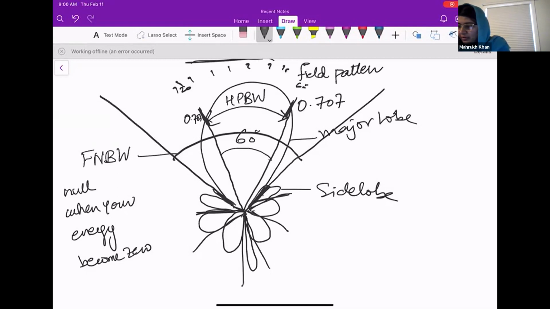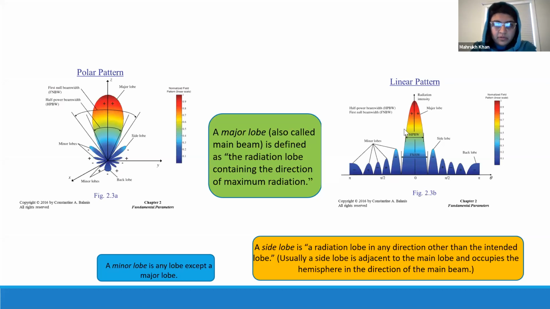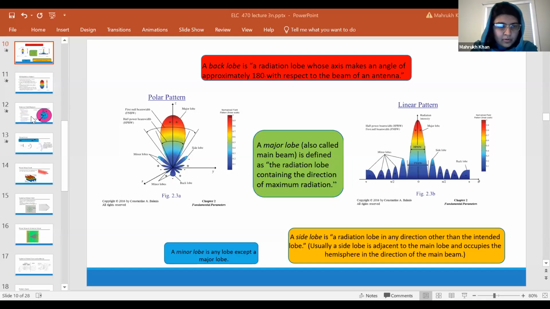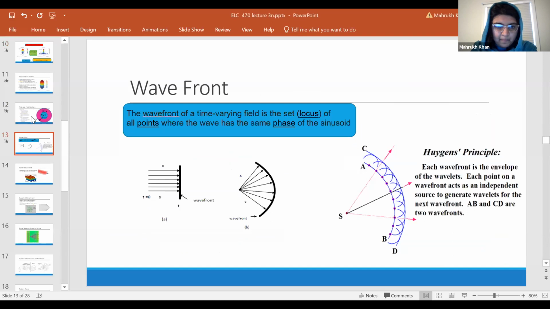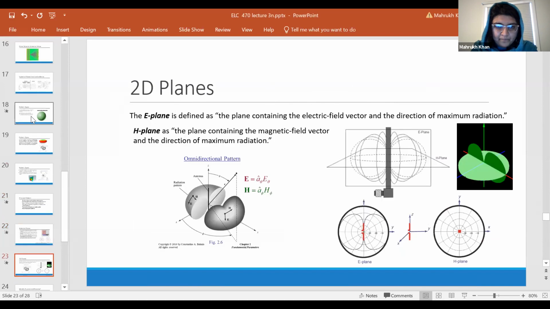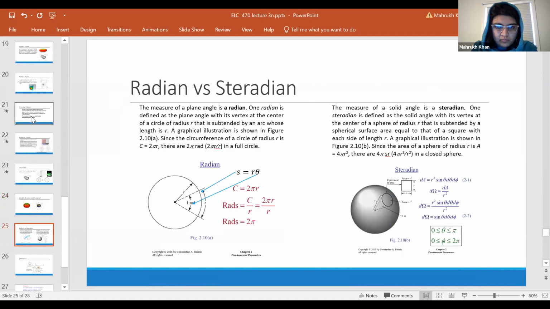Okay. If I go back, there was one more confusion we had last time about dBs. There was some point of dBs that we didn't take care of.